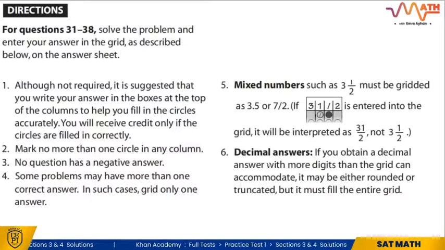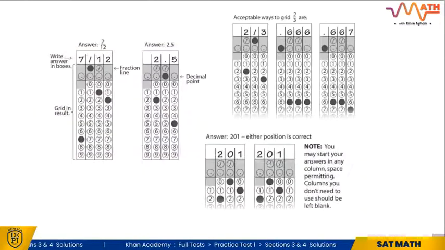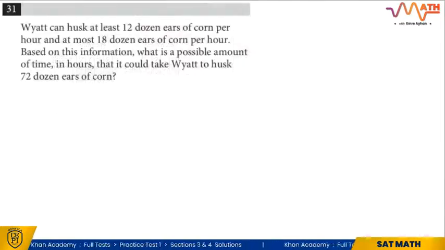Questions 31 to 38. You already know these instructions. Question 31. White can husk at least 12,000 ears of corn per hour and at most 18,000 ears of corn per hour. Based on this information, what is a possible amount of time in hours that it could take White to husk 72,000?